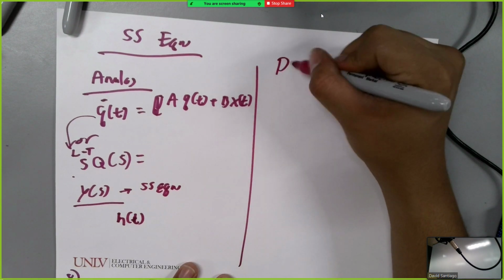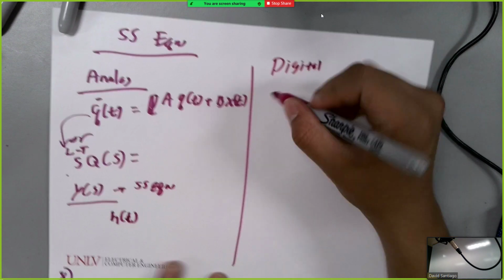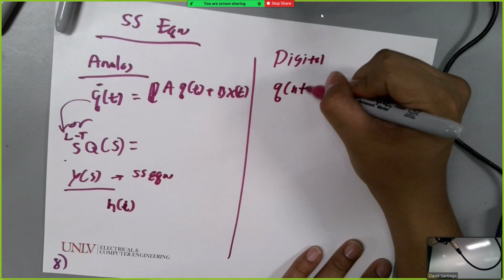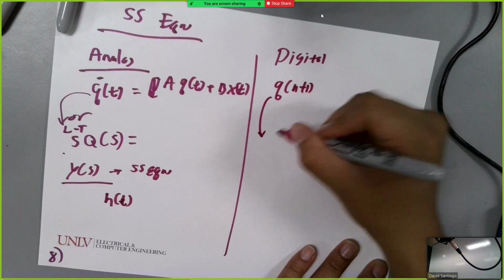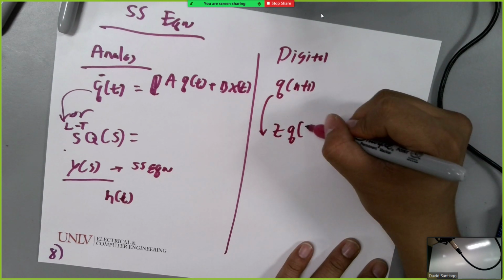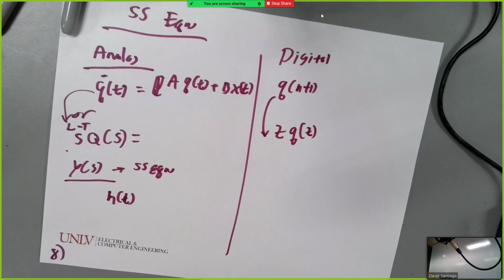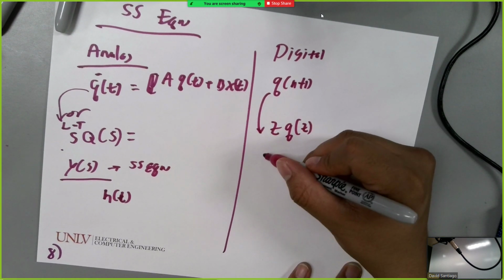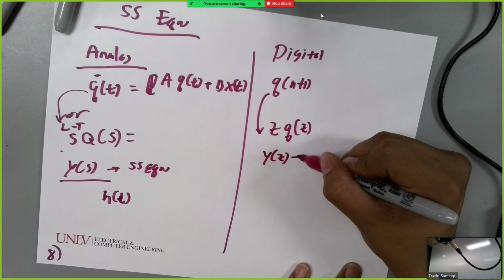And then digital, you're going to have the same thing, Q of n plus 1, but then this is going to go to zQ of z. Then you have to do the same thing again, Y of z, and solve for that equation.